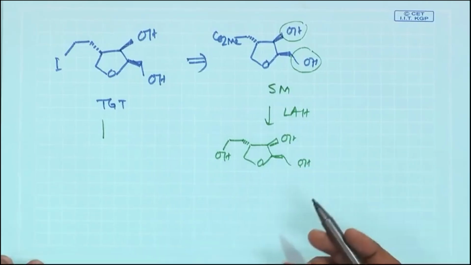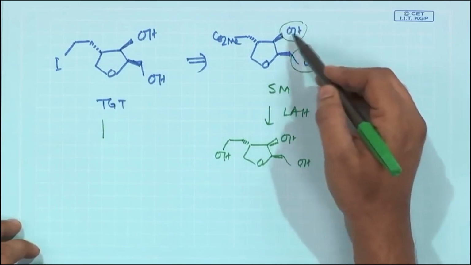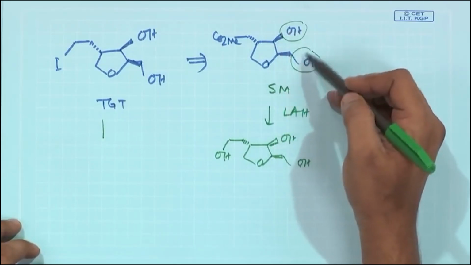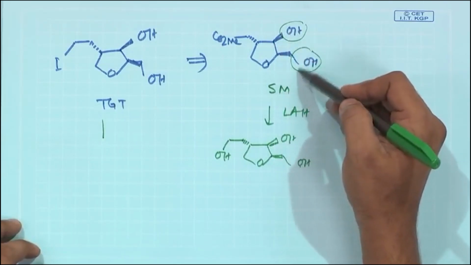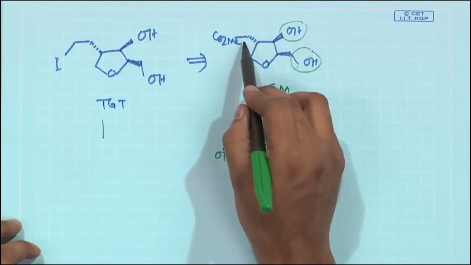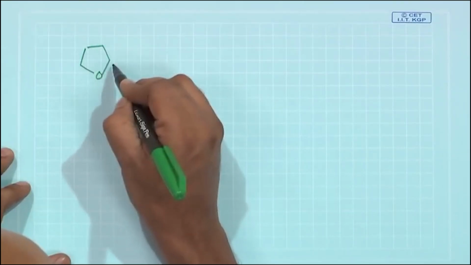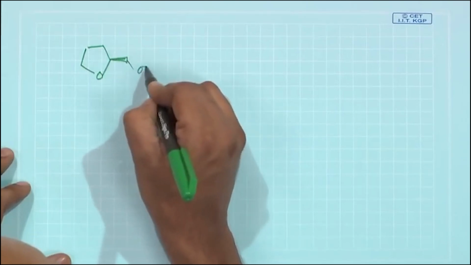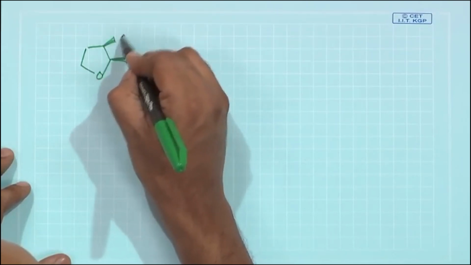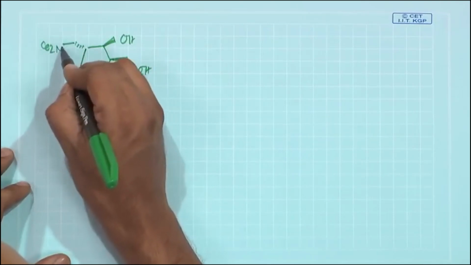The only solution you have is, in the initial part, to protect this primary and secondary with some selective protecting group and then do the reaction here. So, the solution I will now provide is based on something like this. You have a primary hydroxy group, a secondary hydroxy group, and on this part you need to do the reaction.